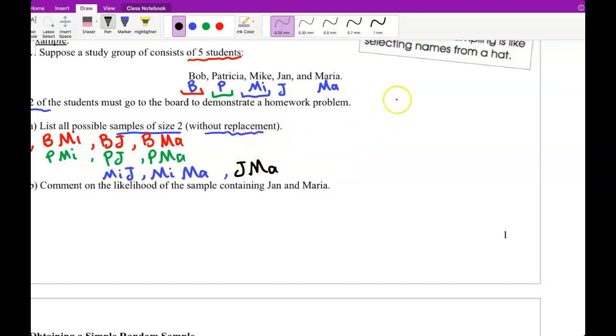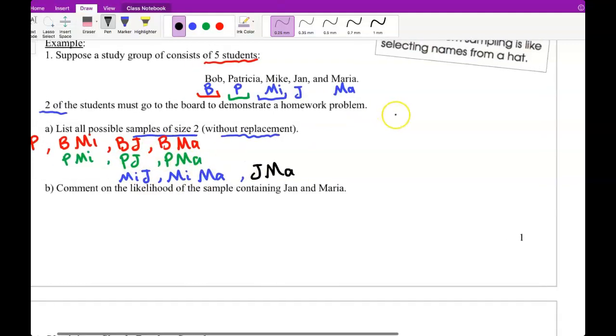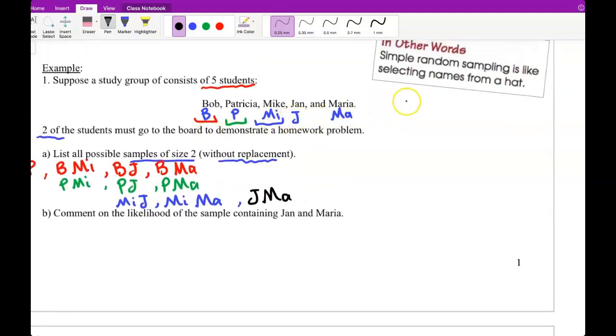And another method of listing these, to better see what's going on, is that I started here from the left side, Bob, and listed the rest of the students on the side: P, MI, J, MA. For the first part, I'm using the same color so you can see which one is for which part.